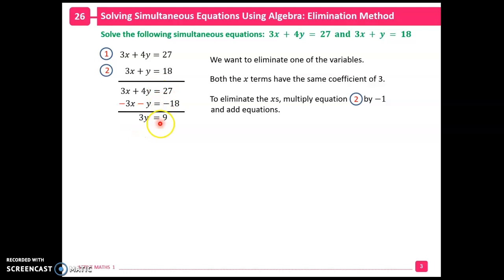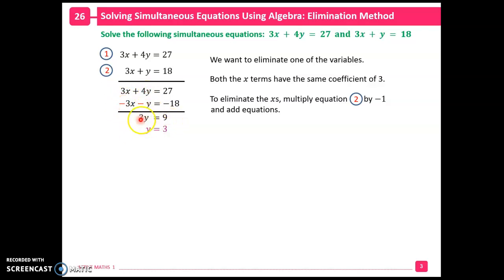On the other side of the equal sign, we're adding these two numbers, 27 and minus 18, and we get 9. So our 3y must match with 9. So that tells us y must be 3. So we've eliminated x here by making our coefficients the same but with opposite signs.